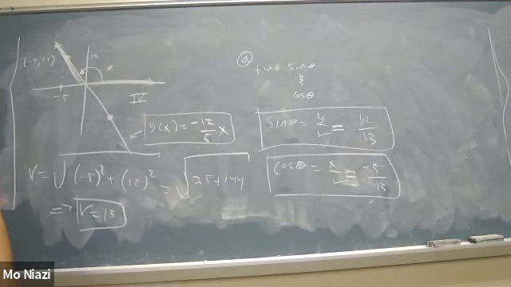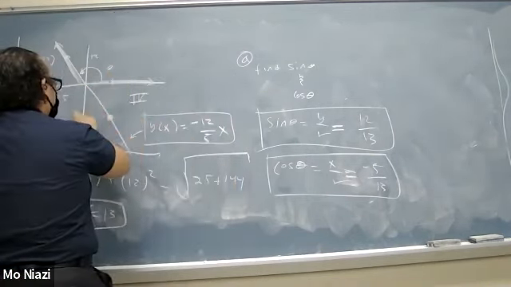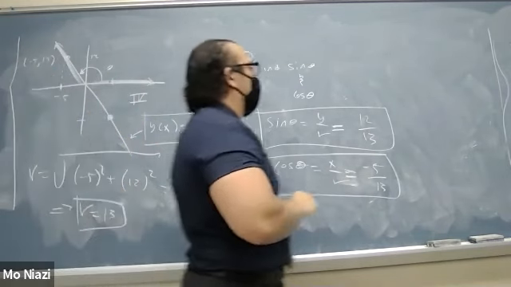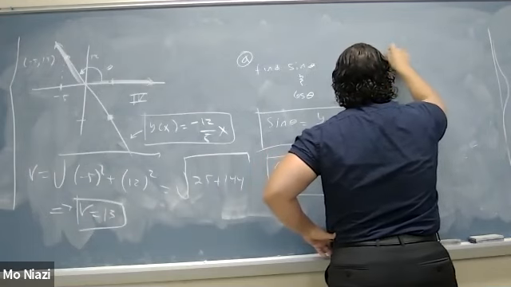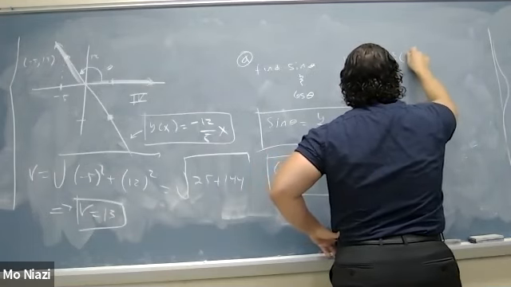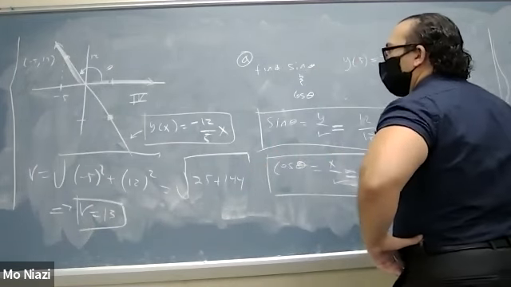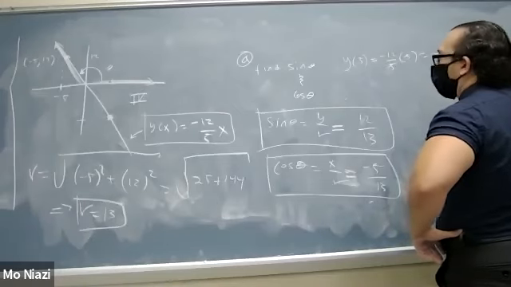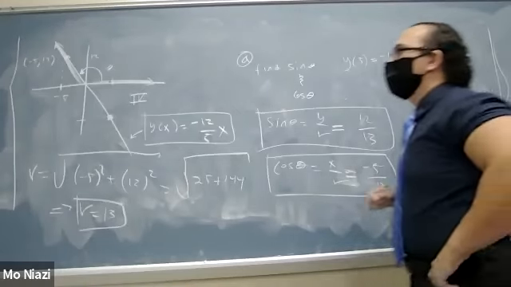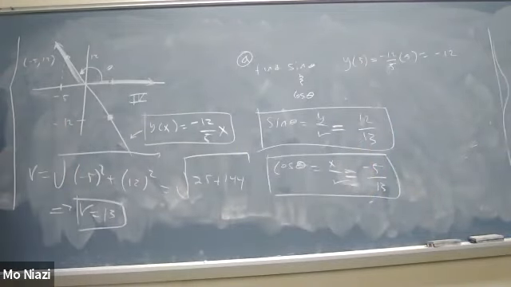Positive 5, because that positive 5 is here, meaning the output will be over here. So y of positive 5 equals negative 12 over 5 times positive 5. The 5s cancel and I get a negative 12 here. Makes sense? That's a good sign because it better be negative if it's down there.